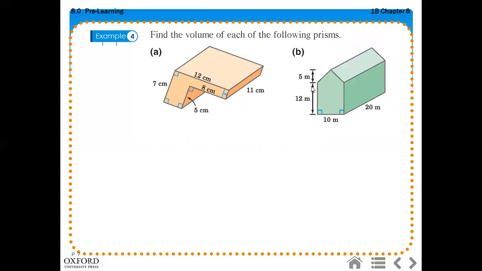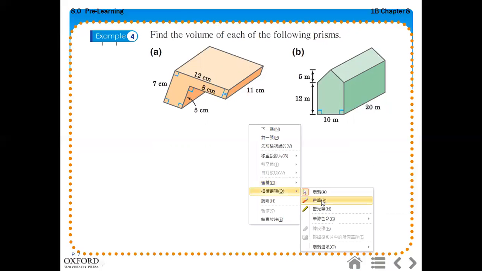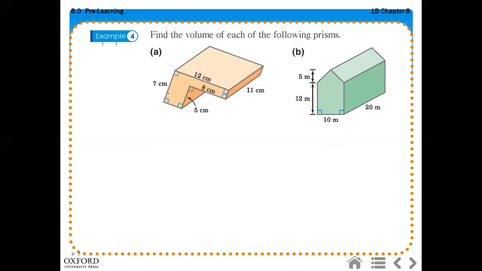Okay, the next one. Find the volume of each of these prisms. Do you remember how to find the volume of a prism? It's the base area times the width or the height. This one is the base. Find the base area, L shape here.